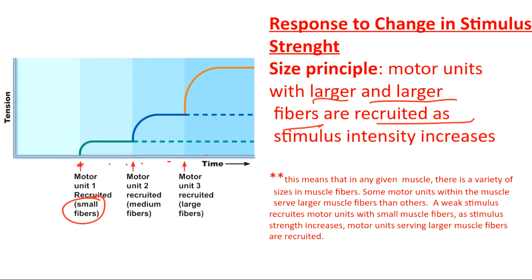Well, that doesn't do it. That doesn't lift the object you want to lift. So you increase the strength of stimulation, and that's going to recruit medium-sized motor units. And let's say that doesn't accomplish the work you're trying to accomplish, so you increase the strength of the stimulus even more, and that recruits the even larger motor units. And then you can finally do the job you need to do.